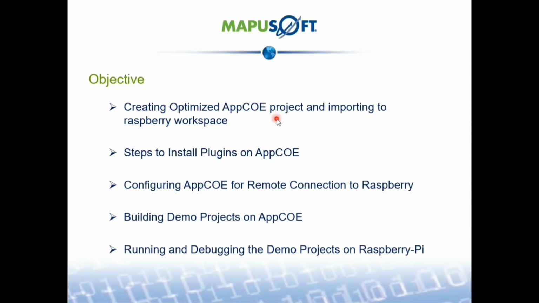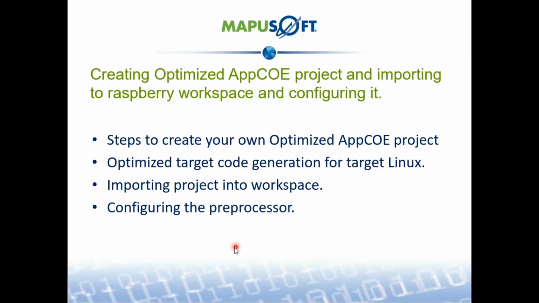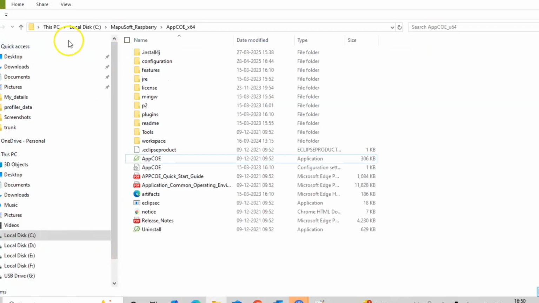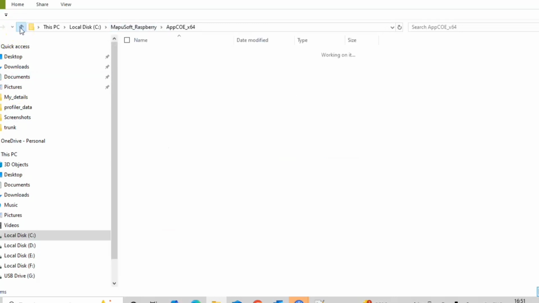And then we're going to import that project into our Raspberry workspace, and then we have to configure the preprocessor settings. Now I'm going to open AppCo under Microsoft Raspberry AppCo. This AppCo is separate for Raspberry things. You just go to this folder which is given by Microsoft as per license.